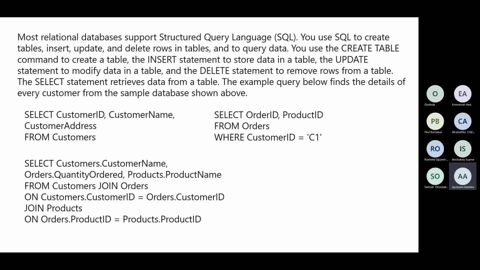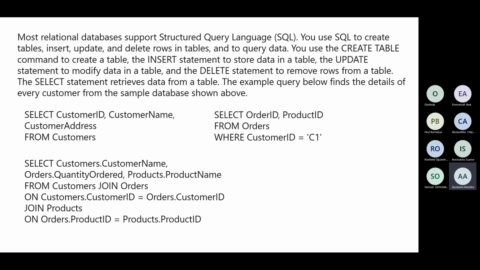So when you want to query a table in a database, your go-to guy is the select keyword. A typical example is what we have below here. Looking at the first query, we are selecting customer ID, the name, and the address from the customers table. On the other end, we are picking from the orders table.